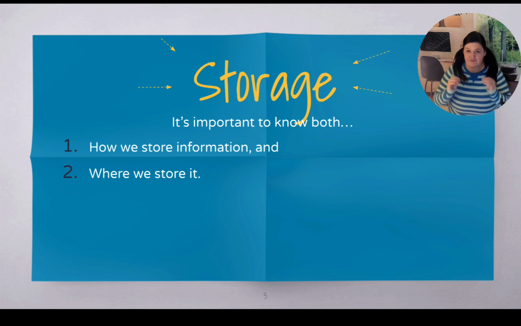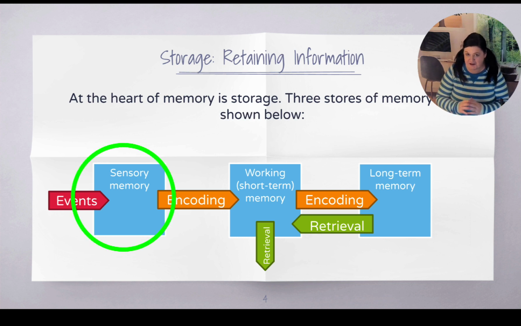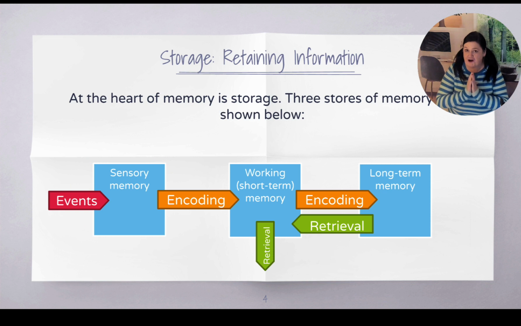First things first, remember there are three different main stores of memory. Sensory memory, that's our immediate sensory information. The working memory is the second one, our more complicated short-term memory. That's like the waiting room model. Everyone's working on their papers.